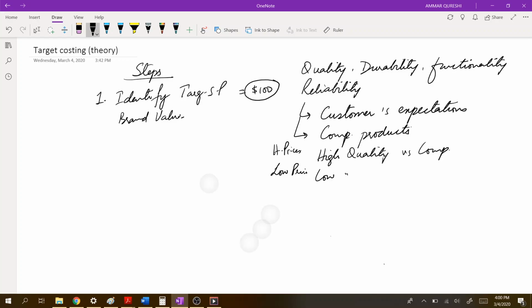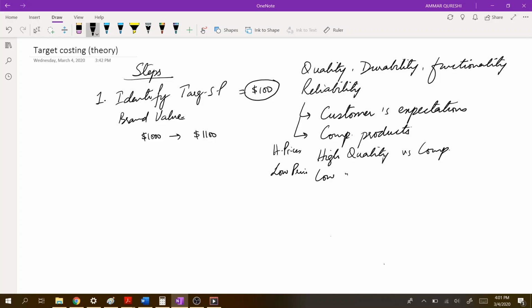Suppose we are thinking that we can sell our product at $1,000, but our competitor is selling a similar product at, for example, $1,100. The market perception is that our company is better than the competitor's. If our company has been ranked as a better company as compared with my competitor, that means our product has a good brand value, right?